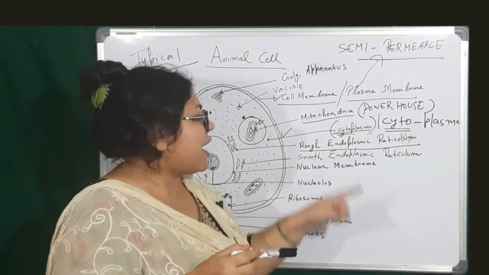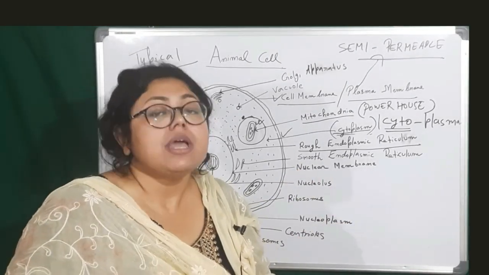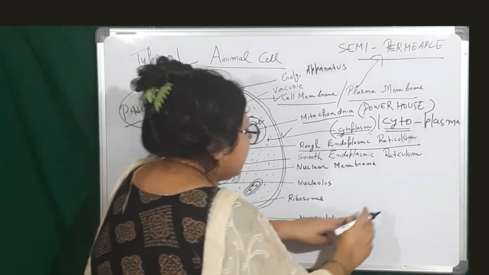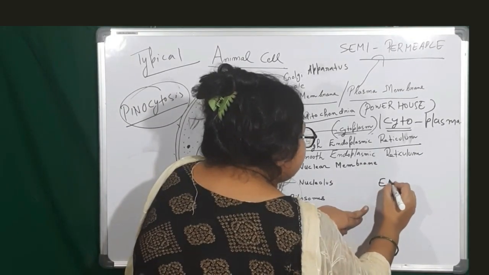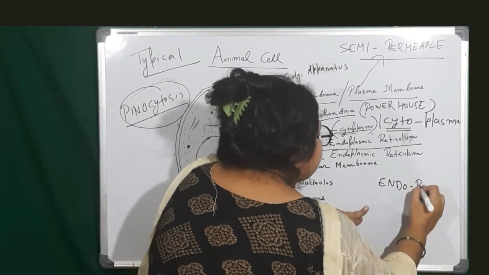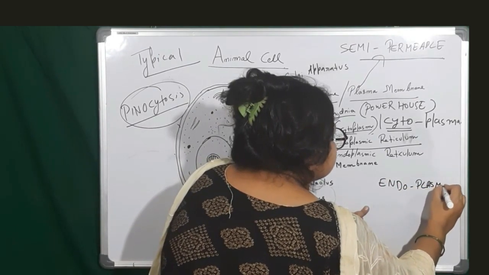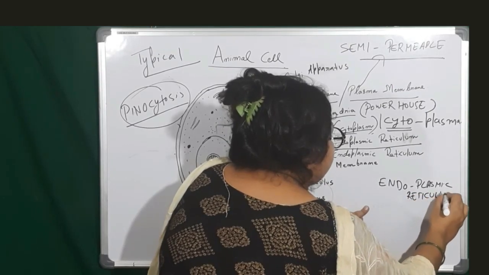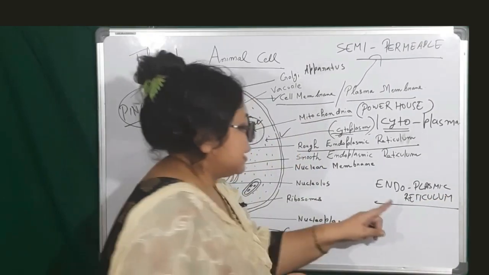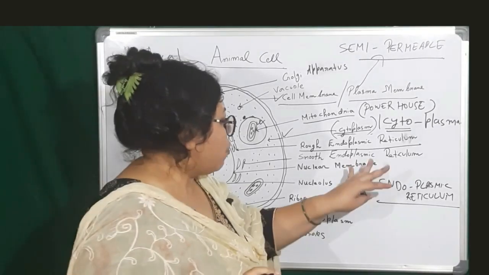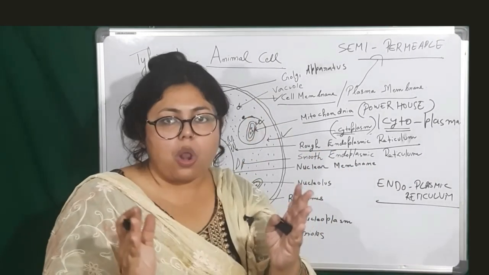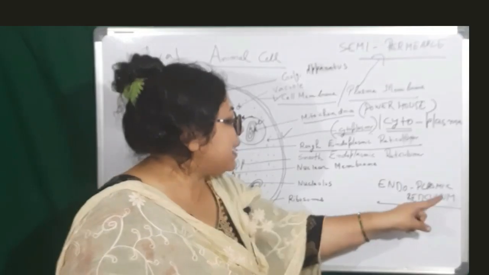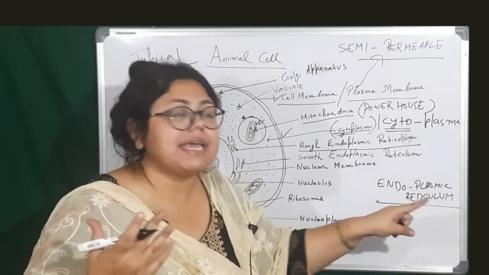The endoplasmic reticulum can be of two types. Now see, if you write the word endoplasmic reticulum as a whole, it gives a complex idea, but when I split this word, it becomes easy.